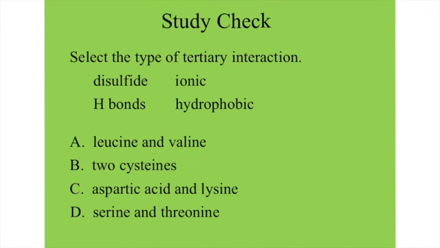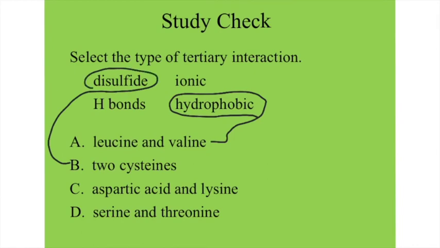So this is a study check. Select the type of tertiary interaction. So leucine and valine, those are both nonpolar amino acids, so that's going to be hydrophobic. Two cysteines is what's going to form a disulfide bond. Aspartic acid and lysine. Aspartic acid's R group has a carboxylic acid group, and lysine has a basic amine.